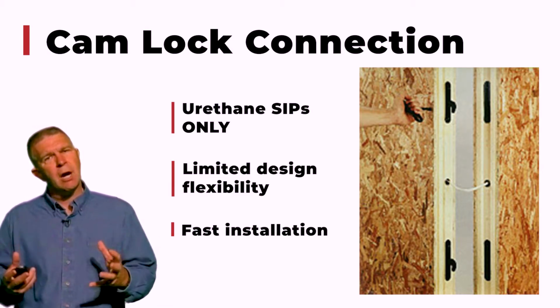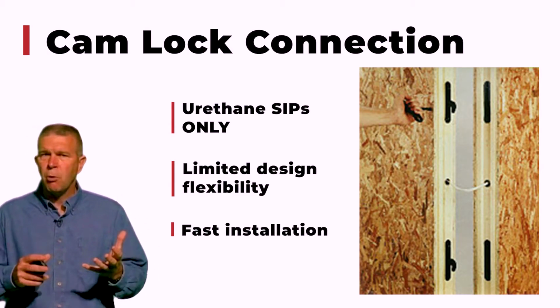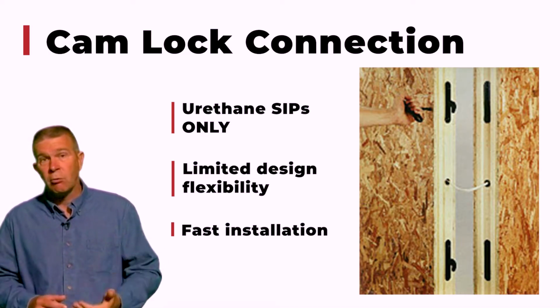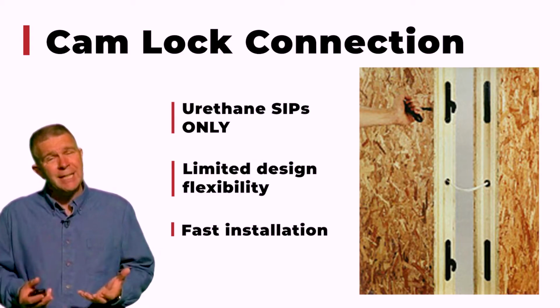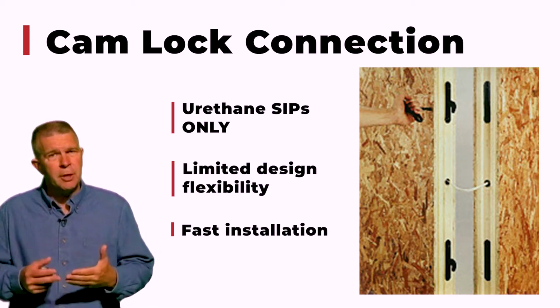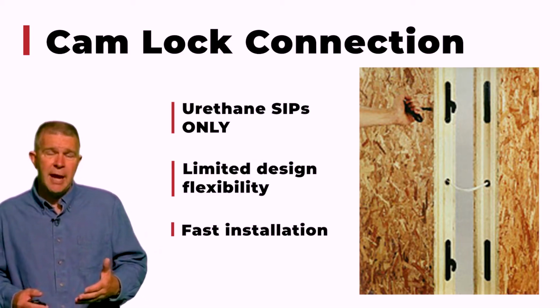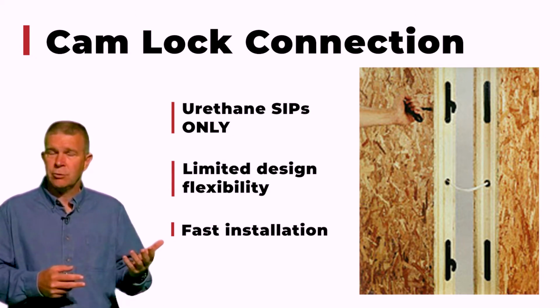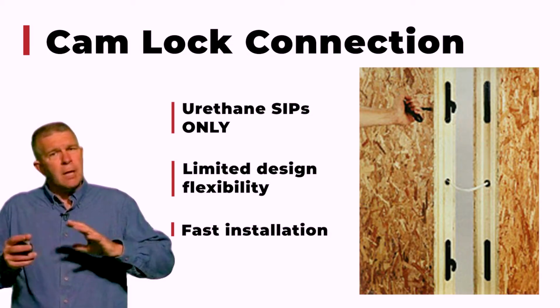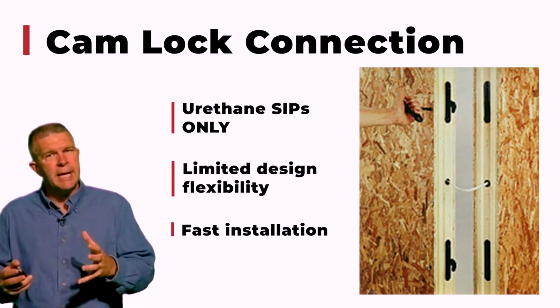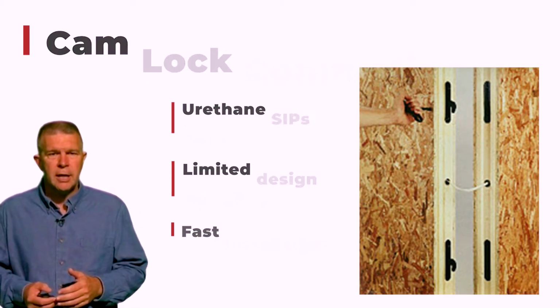Once our design gets complex and the panels get smaller and smaller, we have cam locks that are only spaced so close together, so when the complexity of our design increases, the ability to use cam locks decreases. And then we have to go back to the connection details that we've already talked about. It's not a bad thing, it just means there's a limitation when you get into these complex designs.